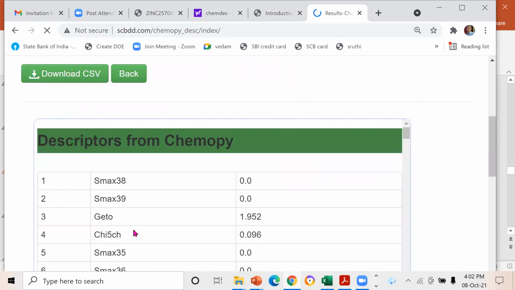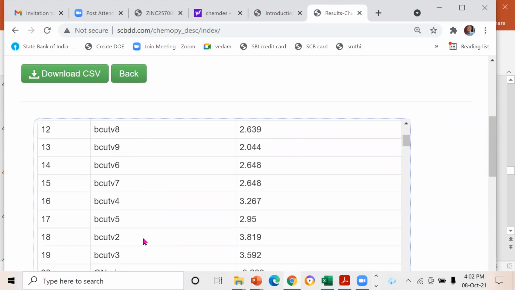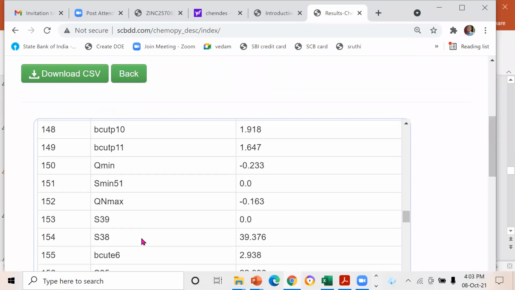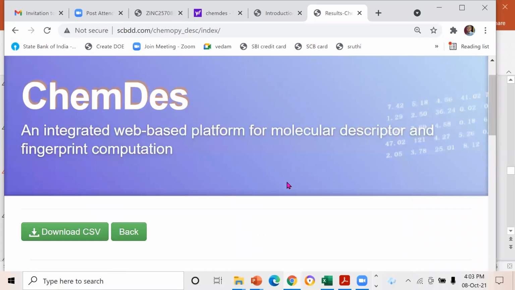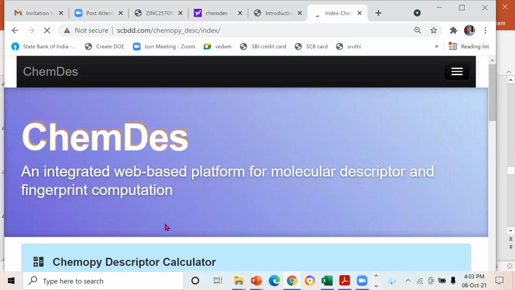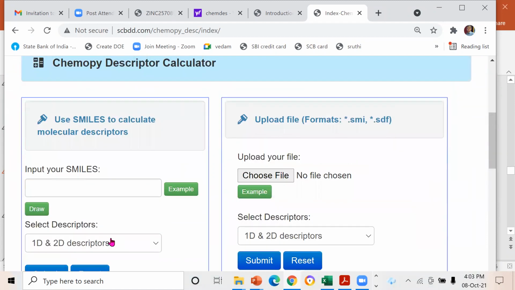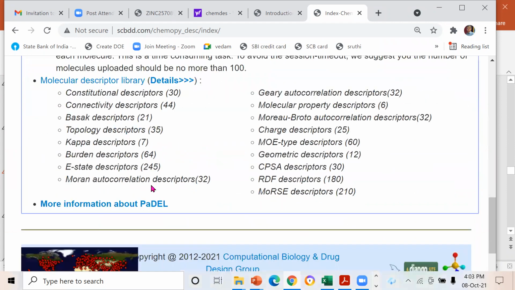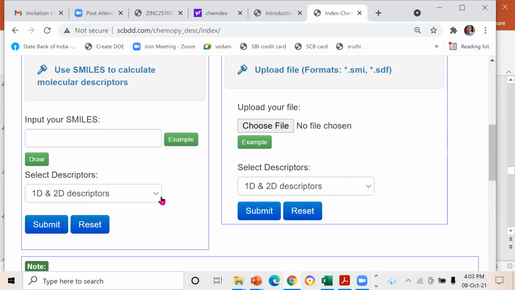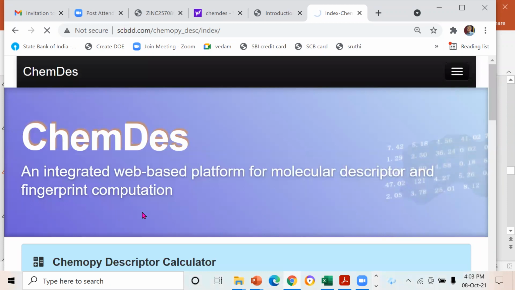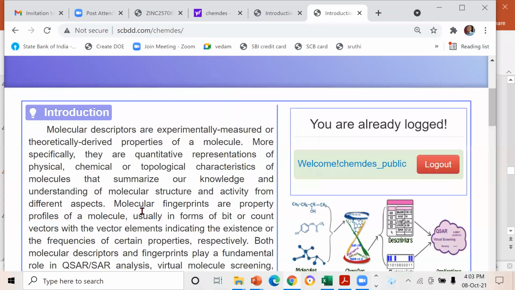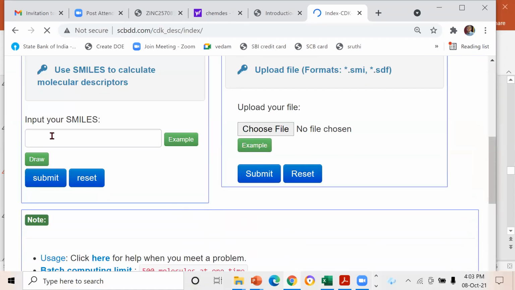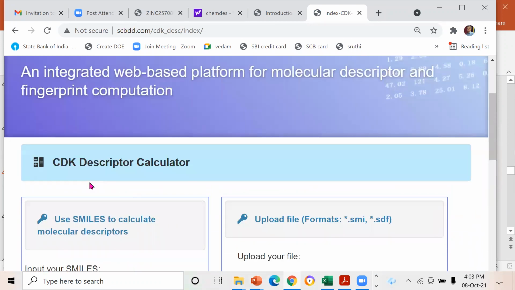So it has calculated some descriptors. Then we can calculate other types of descriptors. These are called CDK descriptors.